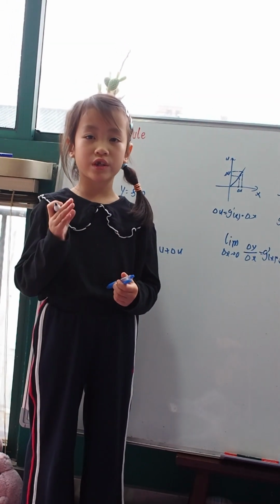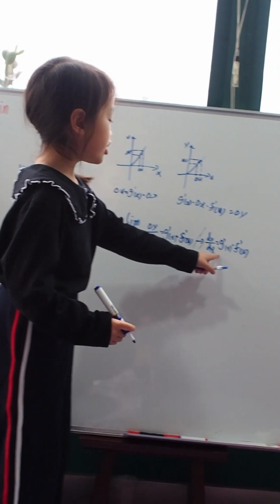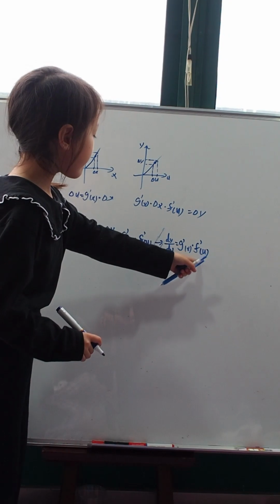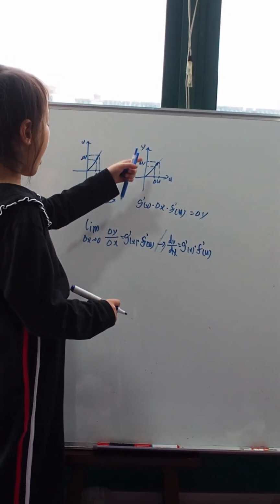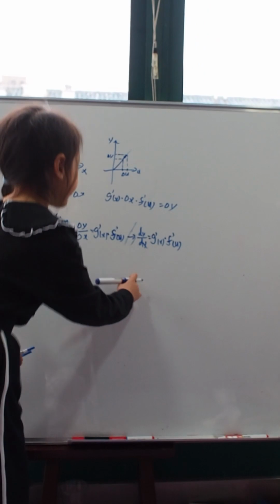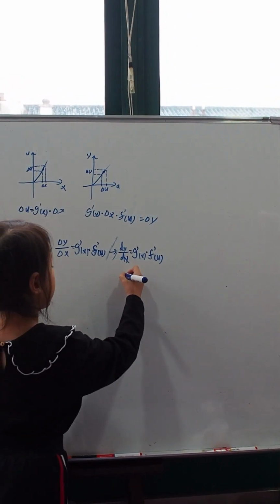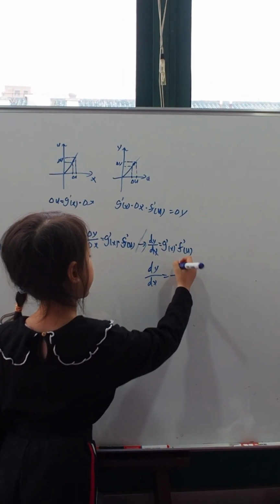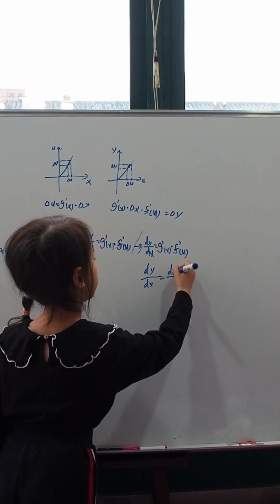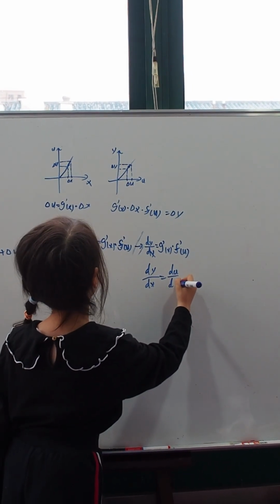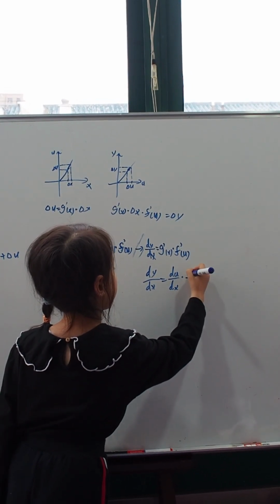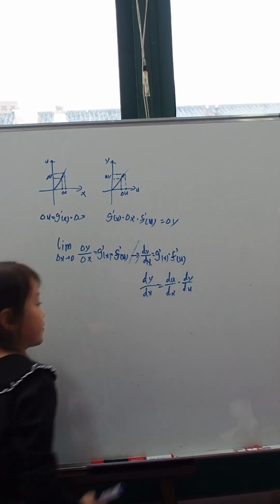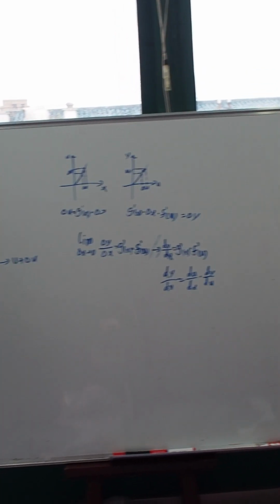If you really know what we are talking about, we can change g'(x) to du over dx, and f'(u) is dy over du. So we can write dy over dx equals du over dx times dy over du. So this is the chain rule.